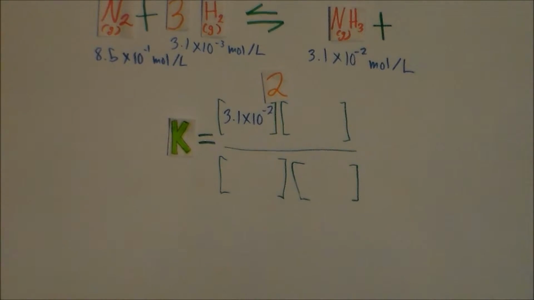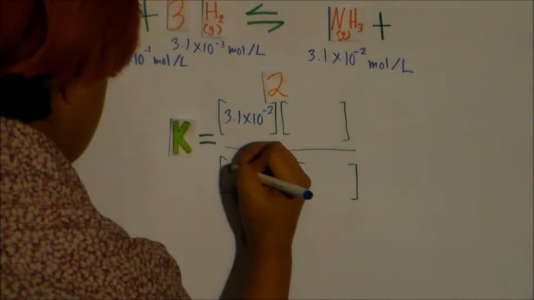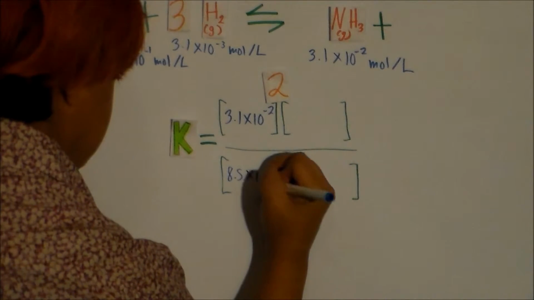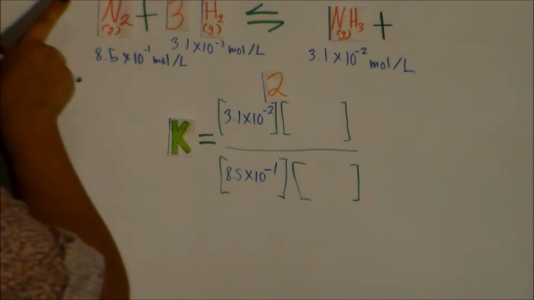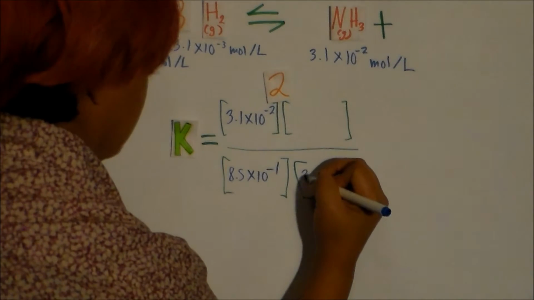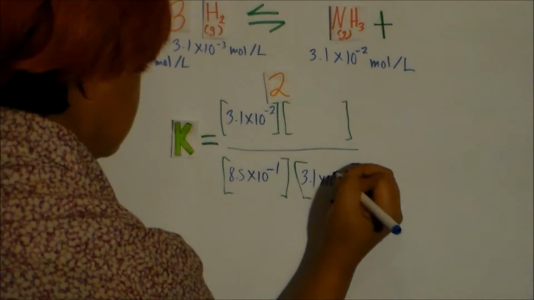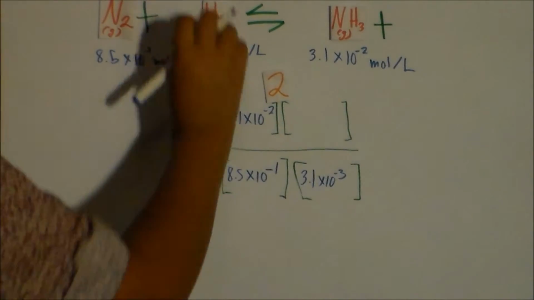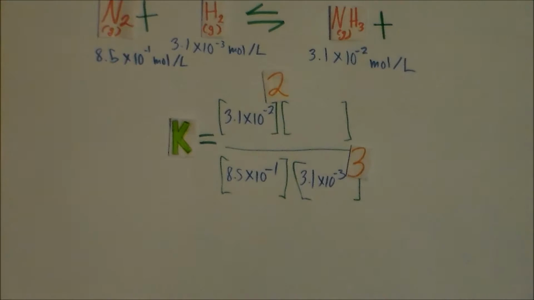And then for our reactants, we're going to have 8.5 times 10 to the negative 1 raised to the first power, so we don't need to put anything there, and then 3.1 times 10 to the negative 3 raised to the third power.